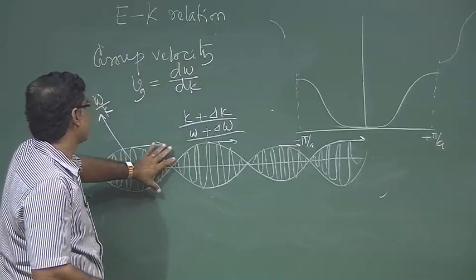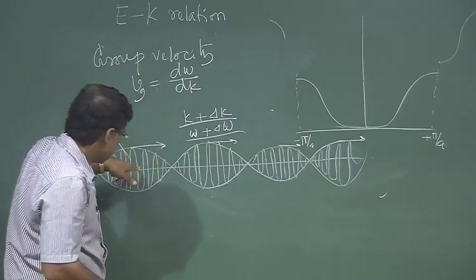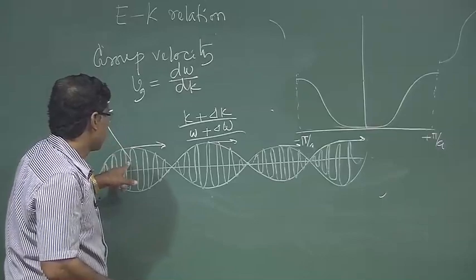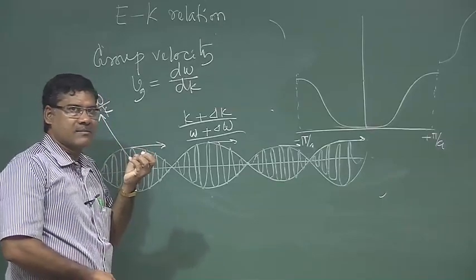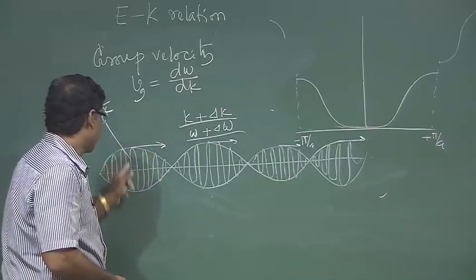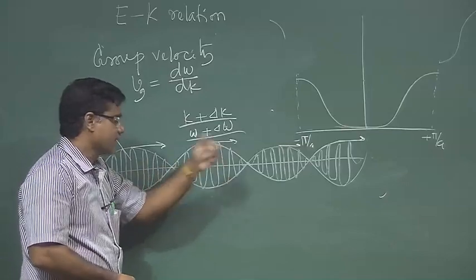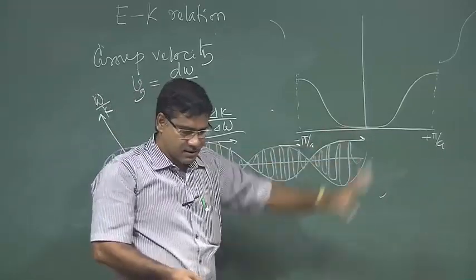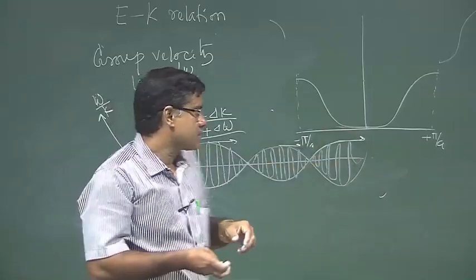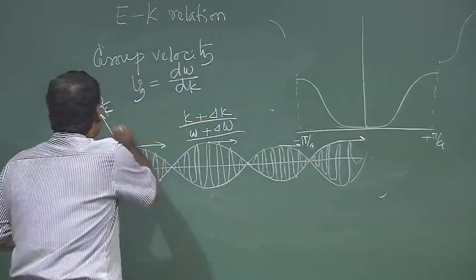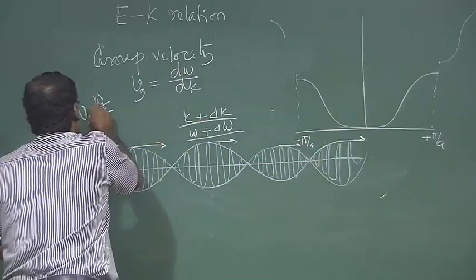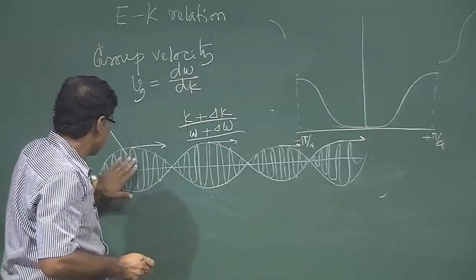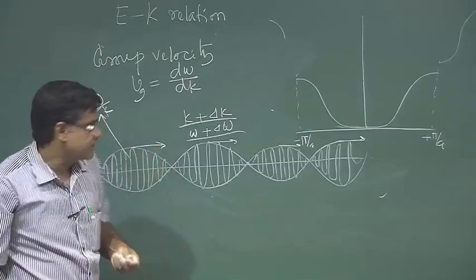That velocity is the group velocity, but there is also this phase velocity, the main component, which is also moving with the packet with velocity Vp. So that is the group velocity.